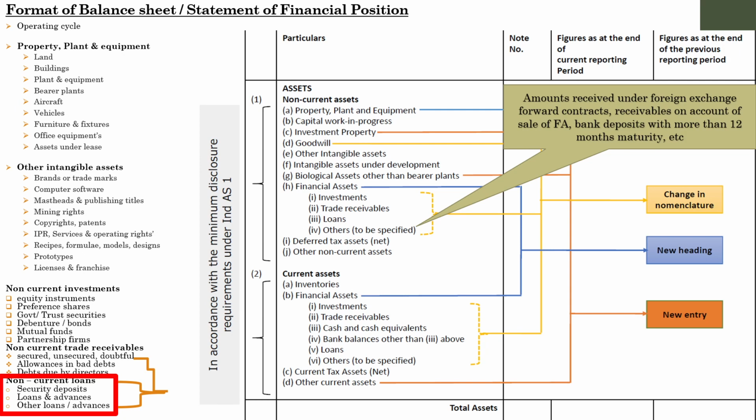For example, amount receivable under foreign exchange forward contracts or receivables on account of sale of fixed assets, bank deposits with more than 12 months maturity, etc. Such cases have to be shown under the head others under non-current financial assets.